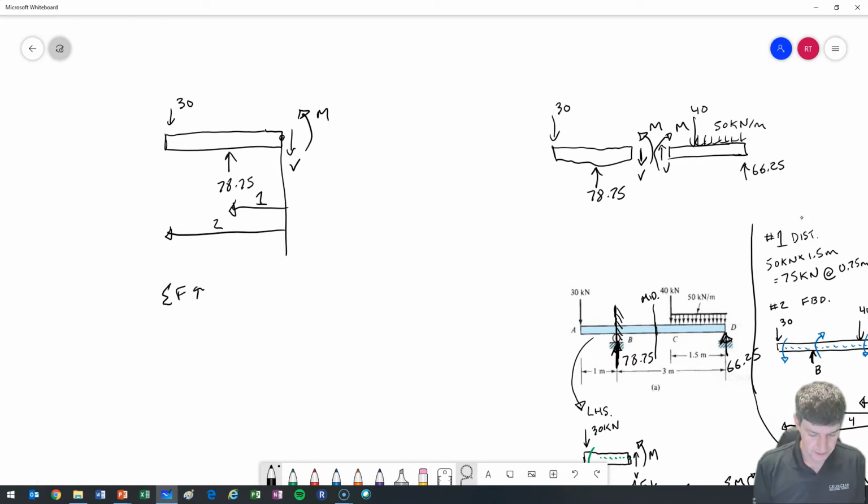Sum of forces up is equal to sum of forces down. So as I go across, I have a V pushing down. I have a 78.75 up. And then I have a 30 pushing down. Net result, 48.75 kilonewtons is going to be equal to my V.